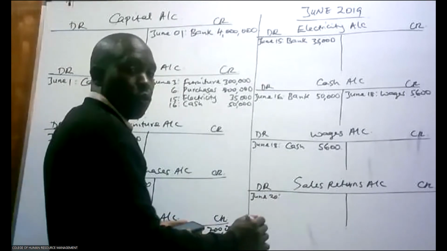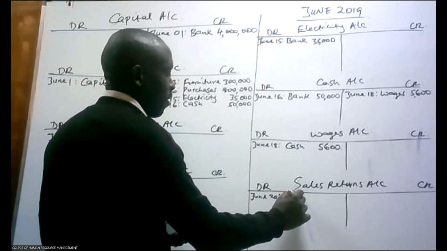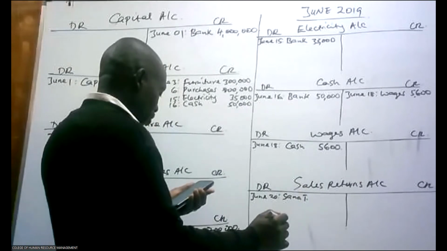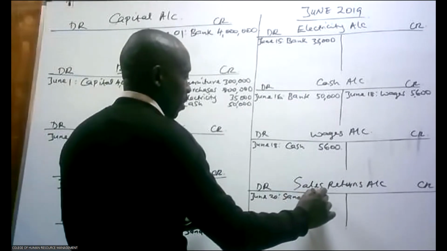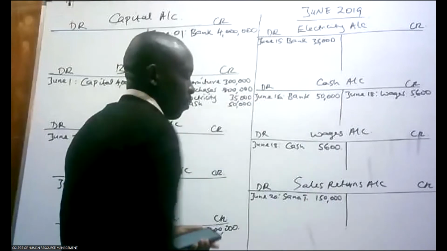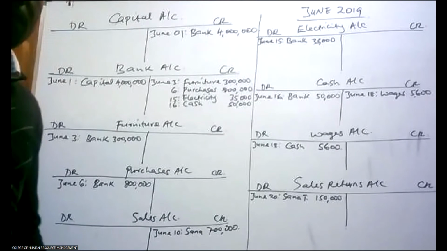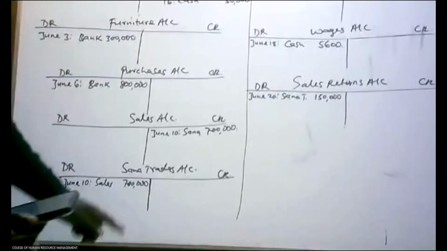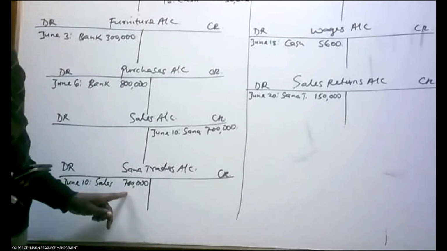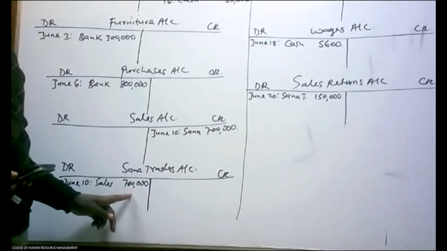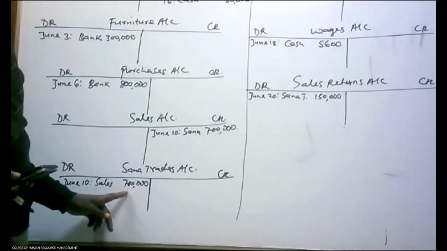You write the person who has returned these goods. It is Sana Traders. How much? 150,000. That tells us that this person, Sana Traders, who was supposed to pay us 700,000, was debited because this money is ours. It is an asset from our side.